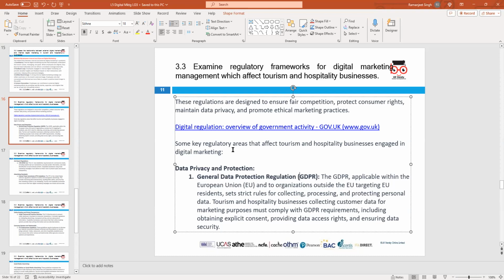You can look at the data regulation by going to the www.gov.uk website, to see what type of legislation they are passing, the digital regulations, and you can see they are passing a lot of regulations.